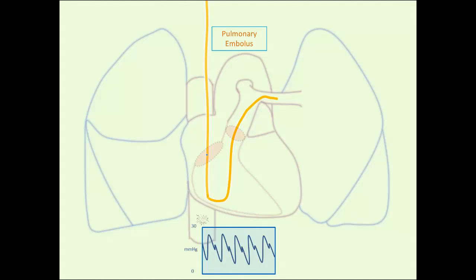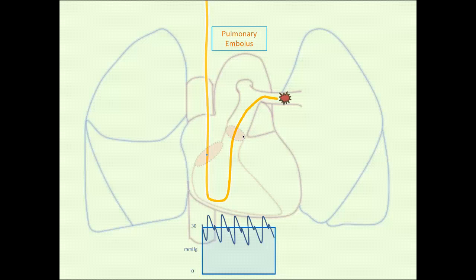So let's demonstrate that. So here comes the bad clot. Pow. Okay, you have now caused an intrinsic increase in the impedance to flow. Your pulmonary arterial pressures increase by the same amount as Valsalva, but this has a very, very different hemodynamic effect.